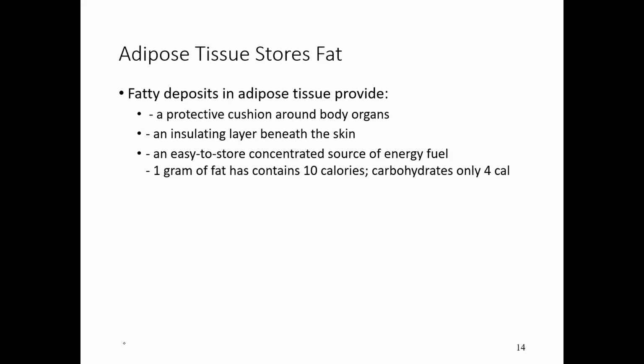We insulate our bodies with fat underneath the skin because we don't want to get too hot, we don't want to get too cold. And fat, of course, is our great stored energy source. We can store a great deal of energy in fat. Again, 1 gram of fat contains 10 calories, whereas a gram of carbs only contains 4 calories.